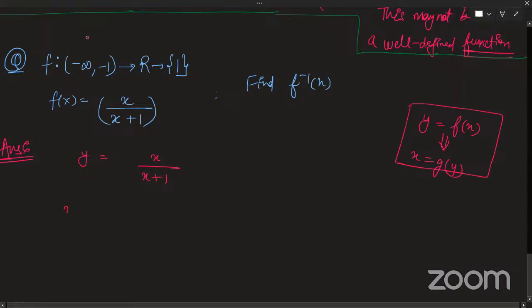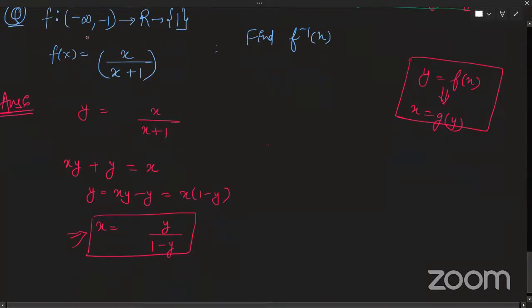So cross multiplying over here, it is xy plus y is equal to x. Then y is equal to xy minus y. So it is basically x into 1 minus y. So my x is equal to y divided by 1 minus y. This is my x in terms of y.